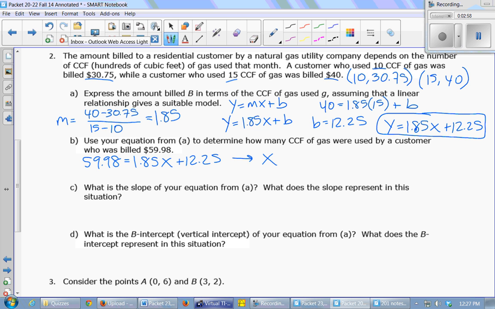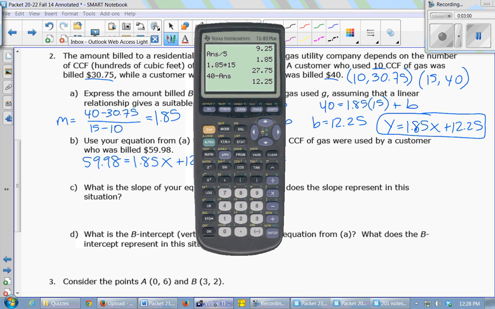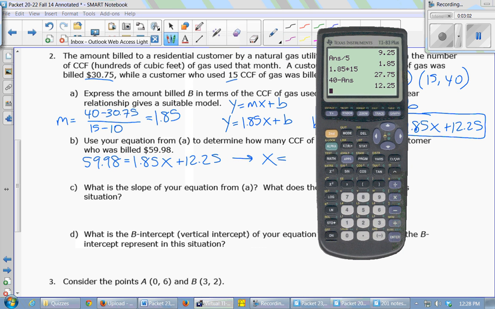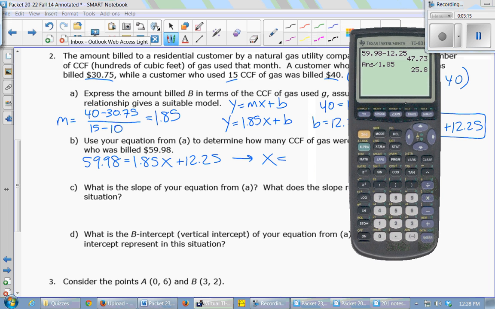Then you just solve that for x. Start with 59.98, subtract the 12.25 from both sides, divide by 1.85, and we get 25.8 CCFs of gas used.